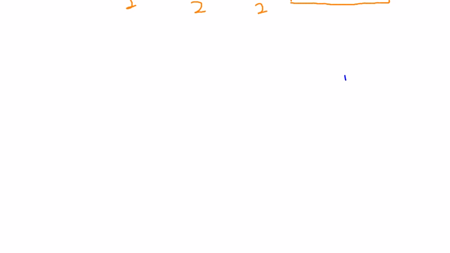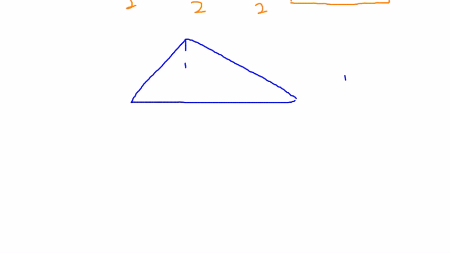Right? If we had a triangle that looks like this, and I were to tell you that the base was, let's say, 8 centimeters, I'm going to tell you that this dimension is 4 centimeters.